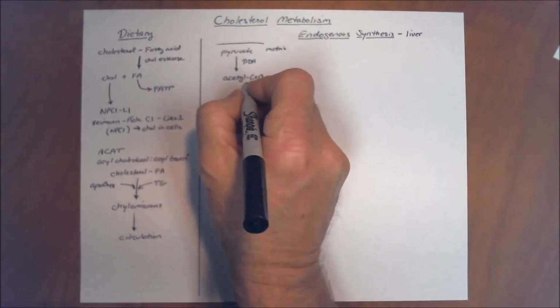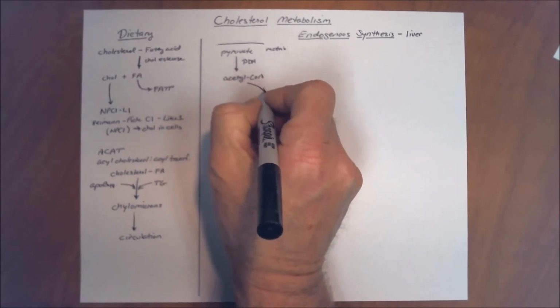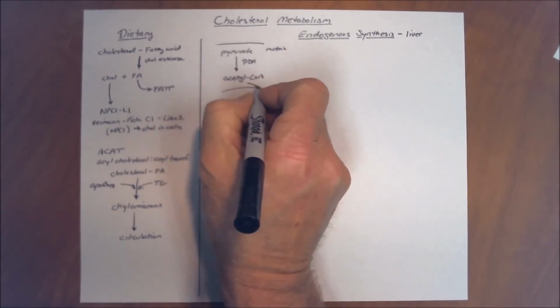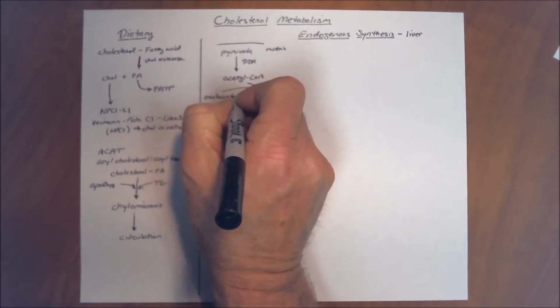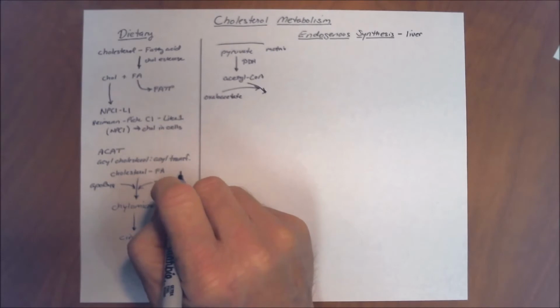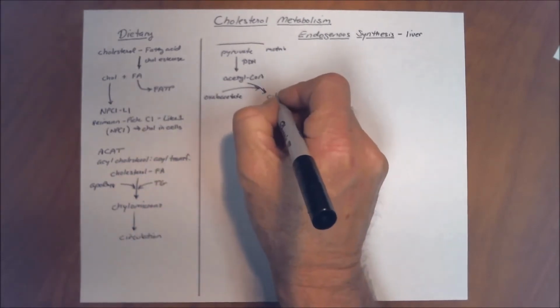The acetyl-CoA, of course, condenses with oxaloacetate in the first step, the entry step of the TCA cycle, to form citrate.